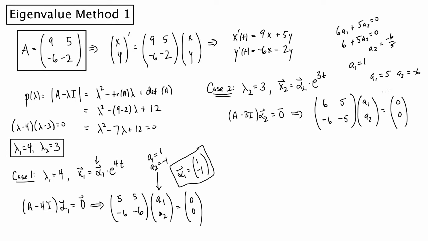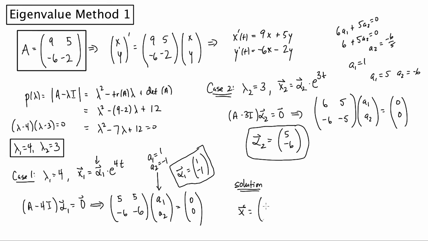So that's the one that I want to go with, and that gives me an alpha 2 now that's equal to 5, negative 6. Remember that this is, once again, unique only up to multiplication by a constant. And so putting this all together, this suggests that my solution is the vector x, which has components x and y.